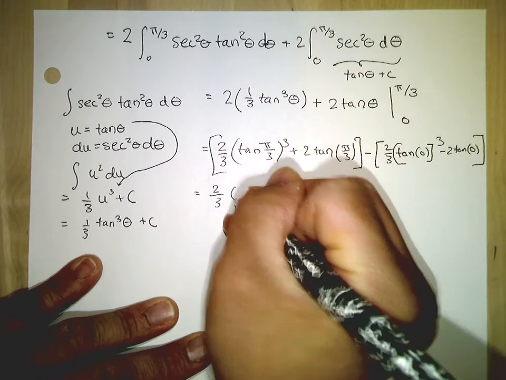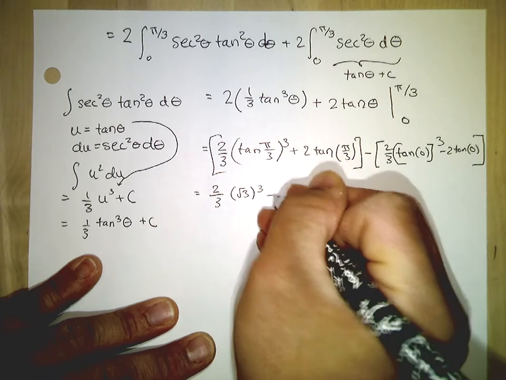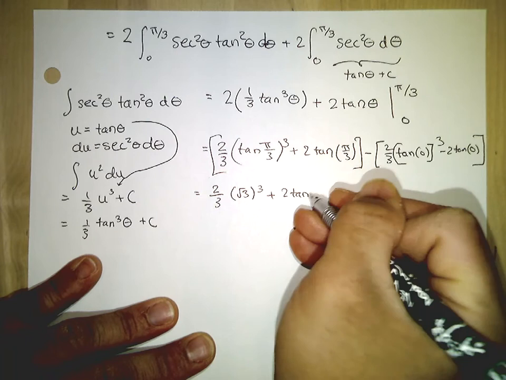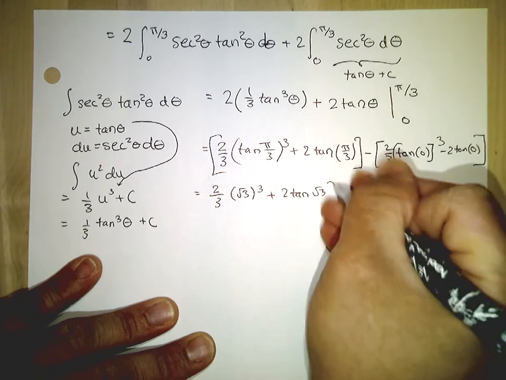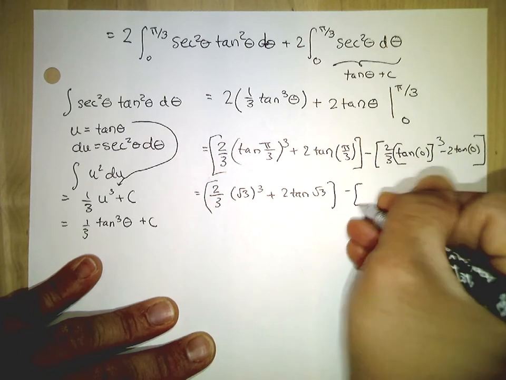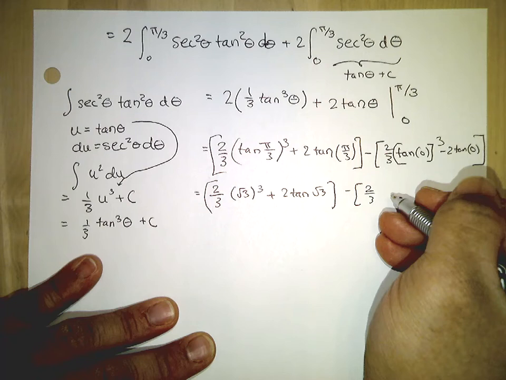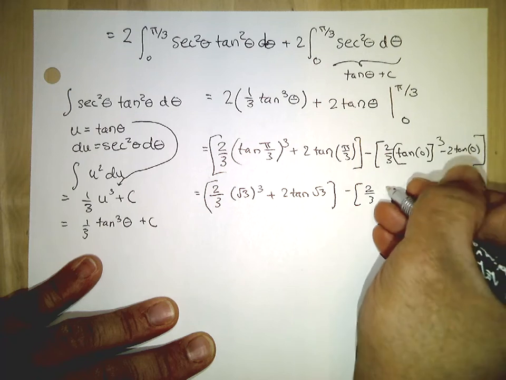So we have 2/3 square root of 3 to the third plus 2 times the square root of 3, then minus 2/3 tangent of 0 is 0.